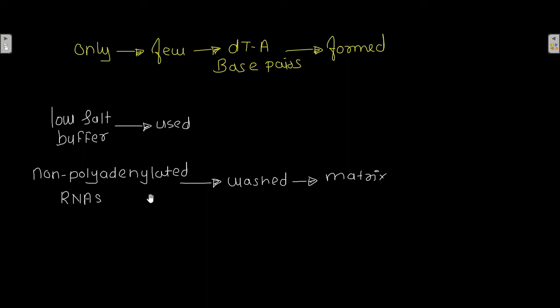So when those non-polyadenylated RNAs are washed out of the matrix, then you will use this low salt buffer, and the use of this low salt buffer will release the mRNA from the oligo-dT matrix. That is how it is going to work.